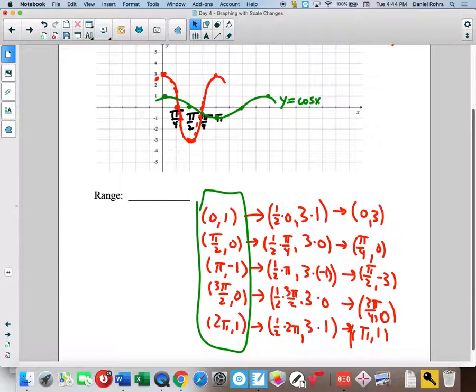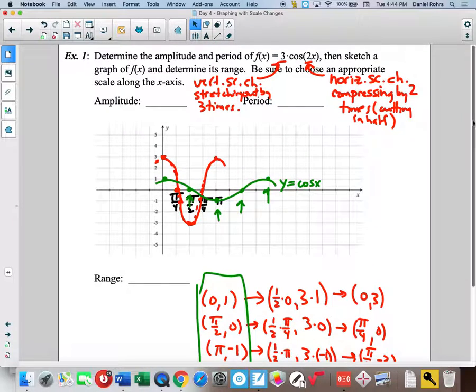So what you should see is that we've squeezed this together horizontally by a factor of a half, because the x-coordinates are now half of what they were, but we've also pulled it apart vertically by a factor of 3, which now means that my amplitude is now 3.